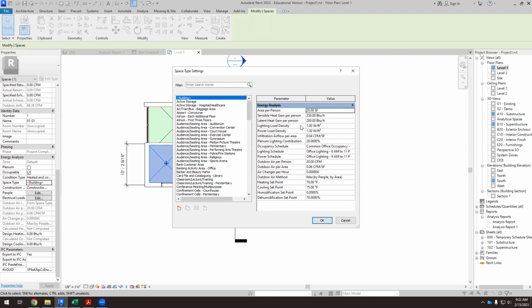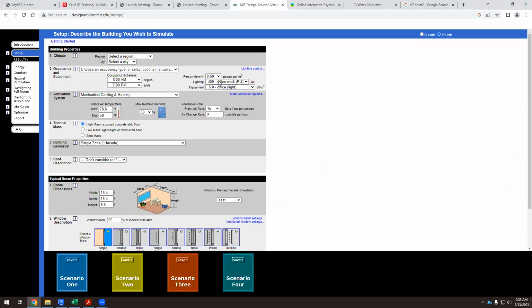So we have a lighting load density in watts per square feet, and a power load density in watts per square feet.